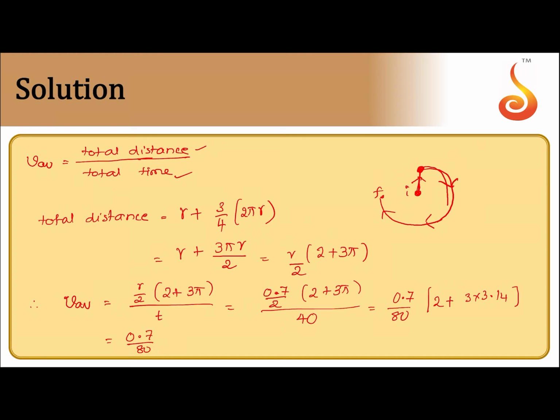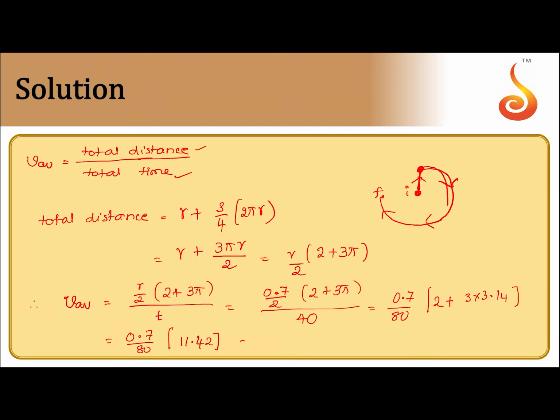0.7 divided by 80 into. So what does it simplify to? You can notice that we have 3 into 3.14. How much is that? 9.42. Correct? Plus 2. That's equal to 11.42.